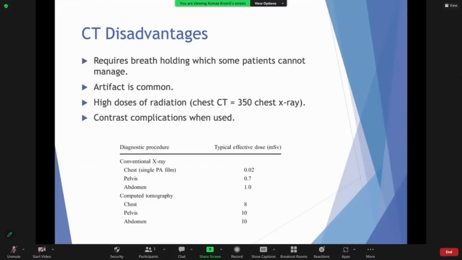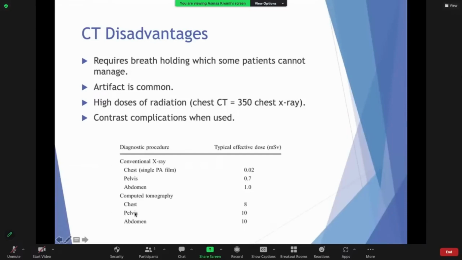The third disadvantage is that CT scans use high doses of radiation. For example, one chest CT equals 350 chest X-rays. In this diagram, we can see that the chest X-ray gives a dose of 0.02 millisieverts, which is the effective dose that will be absorbed by the body when using a chest radiograph.